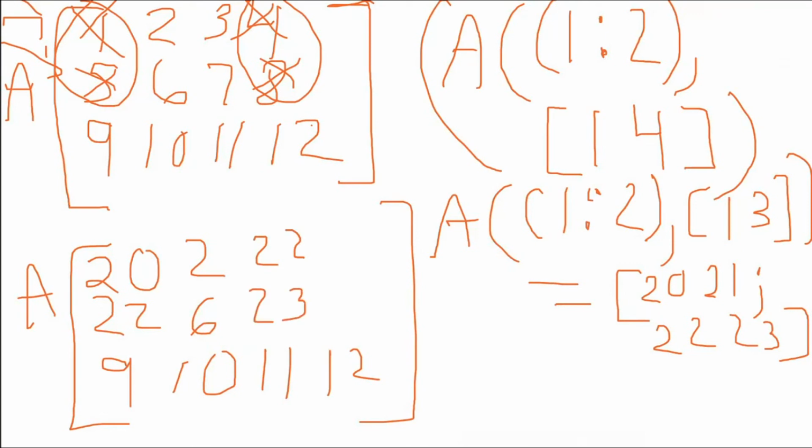I'm sorry, 21, 23. Sorry about that. And then this stays the same. We'd have 4 and 8.